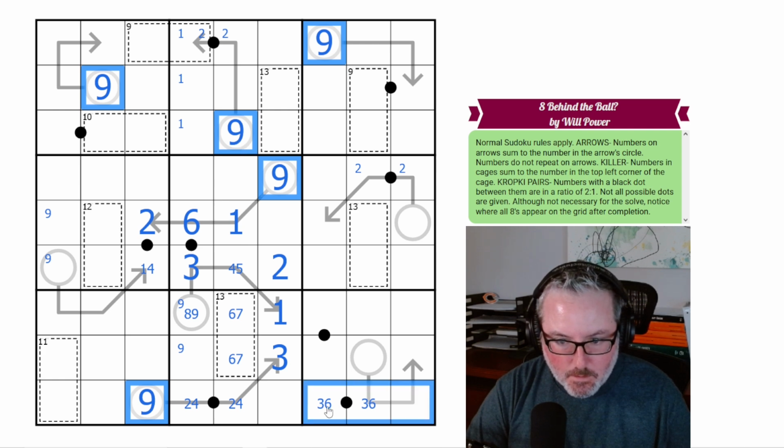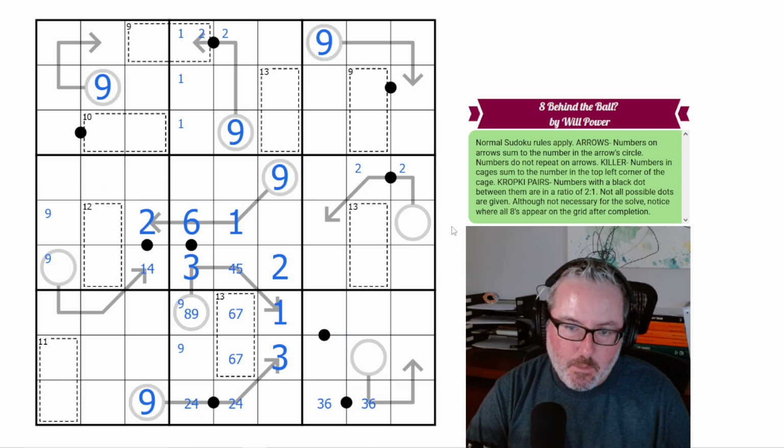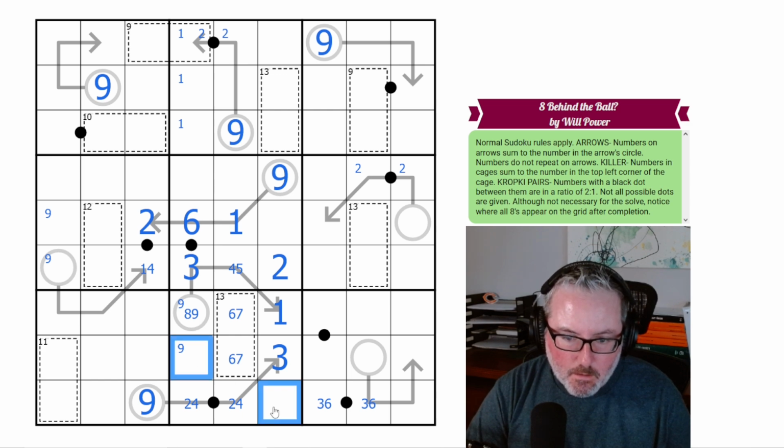How do we continue to use it is the question, because that doesn't really remove any options from anywhere else. Like I said, we have to have a 5, 8, and 9 in these, but again, that doesn't show us anything at the moment.